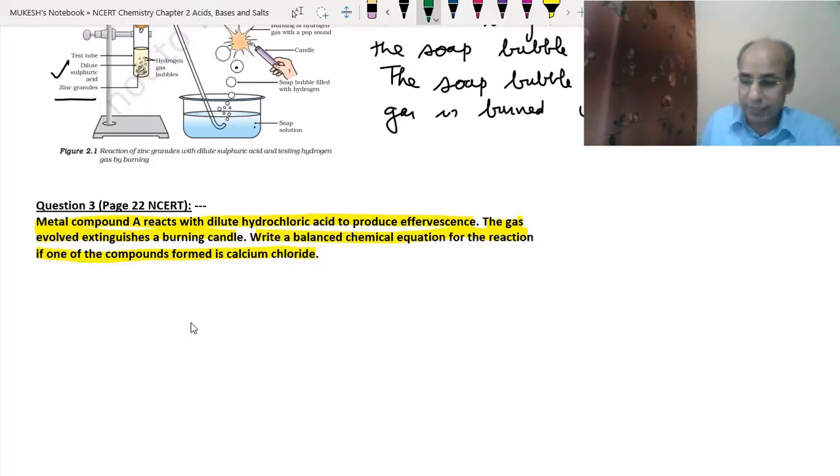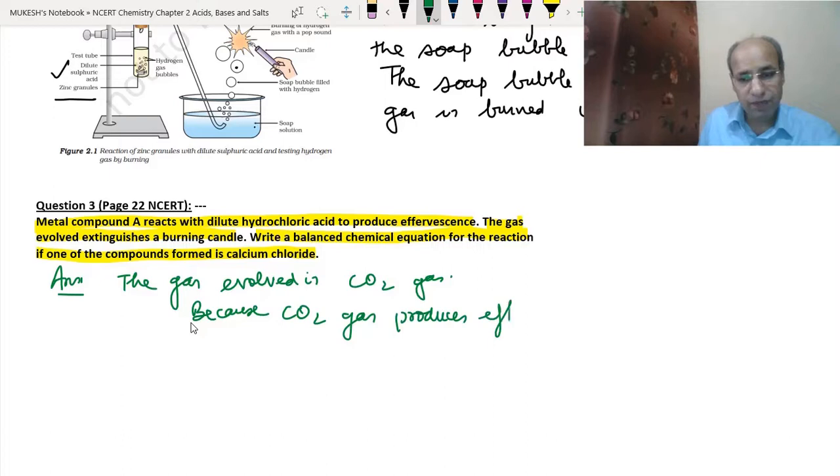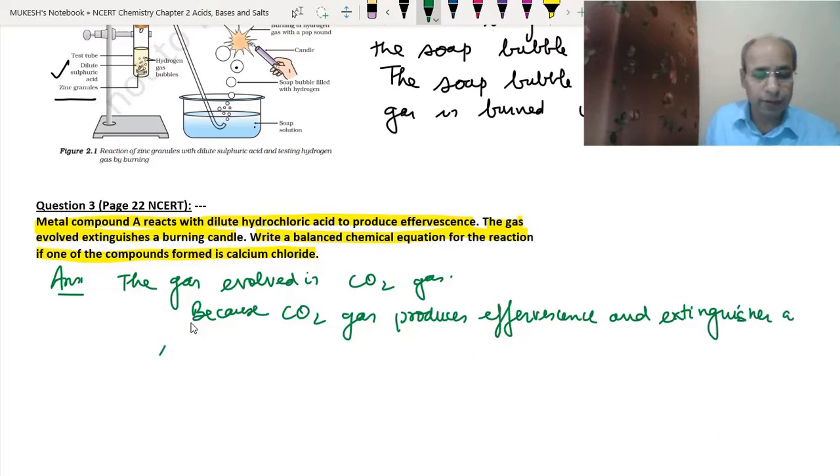Okay, so how to write this answer? First we will write: the gas evolved is carbon dioxide, because carbon dioxide gas produces effervescence and extinguishes a burning candle.